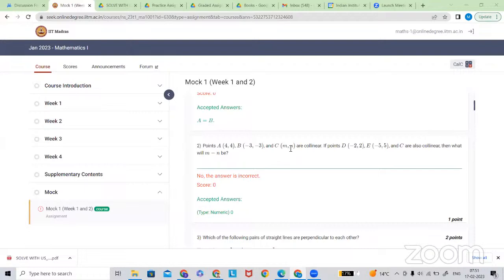If you calculate one by one, you will find both slopes are equal, and you will get two different equations in m and n.